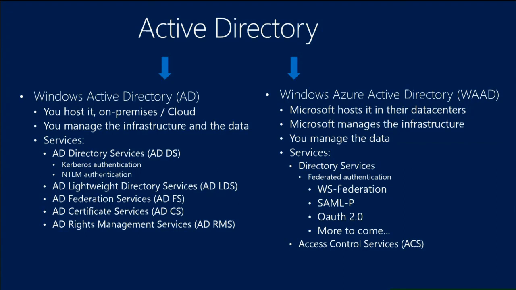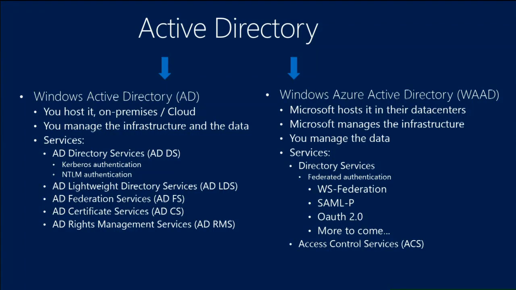Right? It's designed to be highly available, highly reliable. In terms of services, today we have the directory services, which is where we store user identity and attributes about those users. And then in terms of authentication, no Kerberos, no NTLM, it's all about federated authentication.